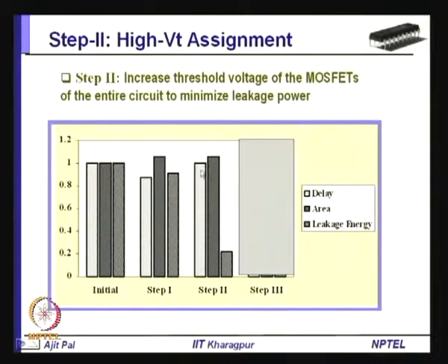We are now not compromising on performance. However, there is a significant reduction in leakage power because of the exponential dependence of leakage on the threshold voltage. We have increased the threshold voltage, and as a consequence the leakage power has reduced significantly.